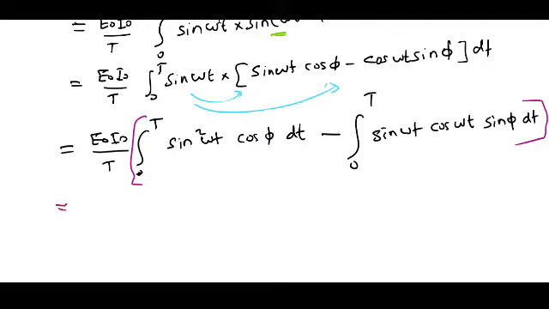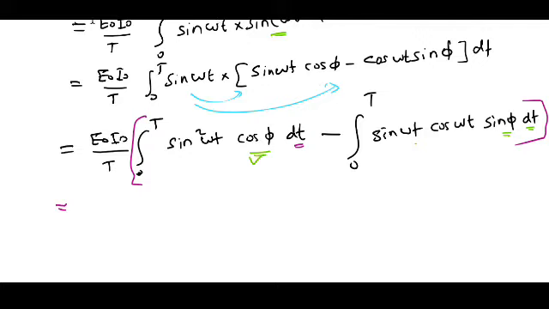In the next step, if you look at this, the first integration is with respect to dt. Therefore this cos phi is constant here, and the second term is also an integration with respect to dt, therefore the sine phi is constant here. We can take the cos phi outside of the integral, and the sine phi outside.